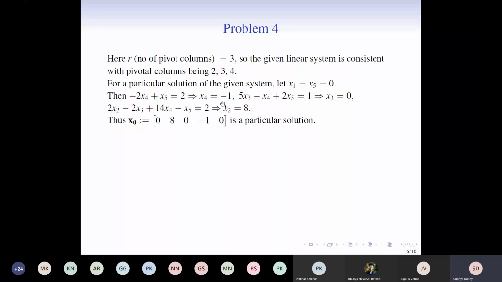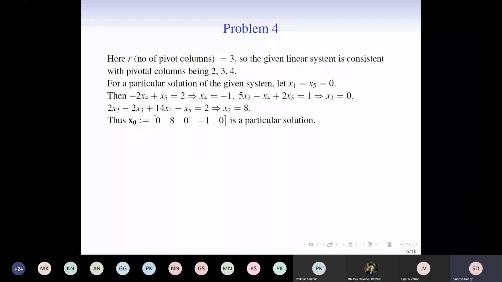Next, we do the same thing with the second row. It should be the case that you go from the lowest row to the topmost row. Why? Because the row at the bottom consists of the minimal number of variables, so you should do it that way.